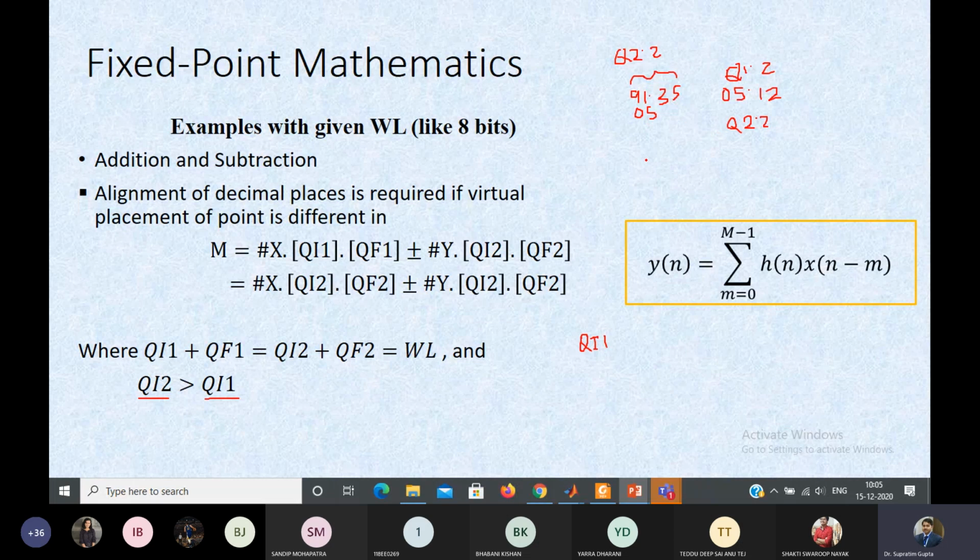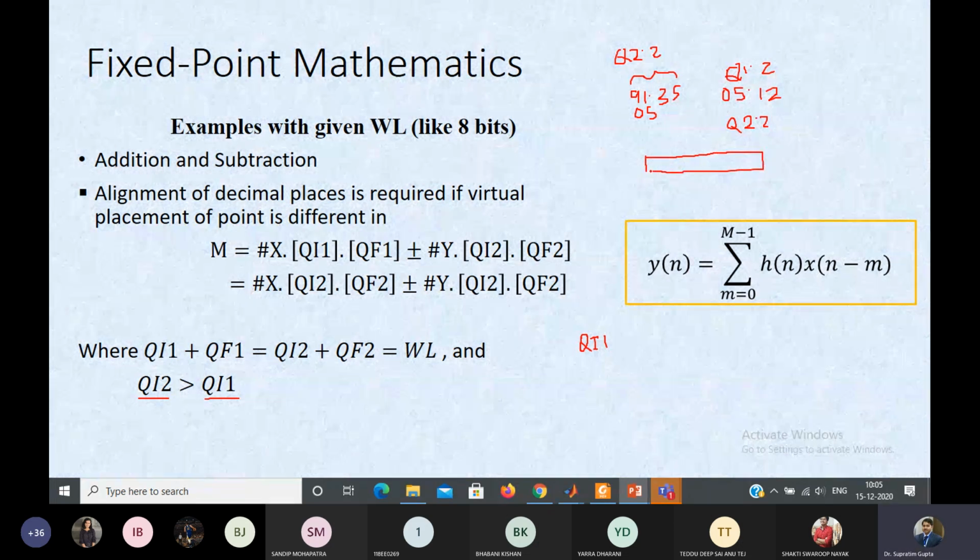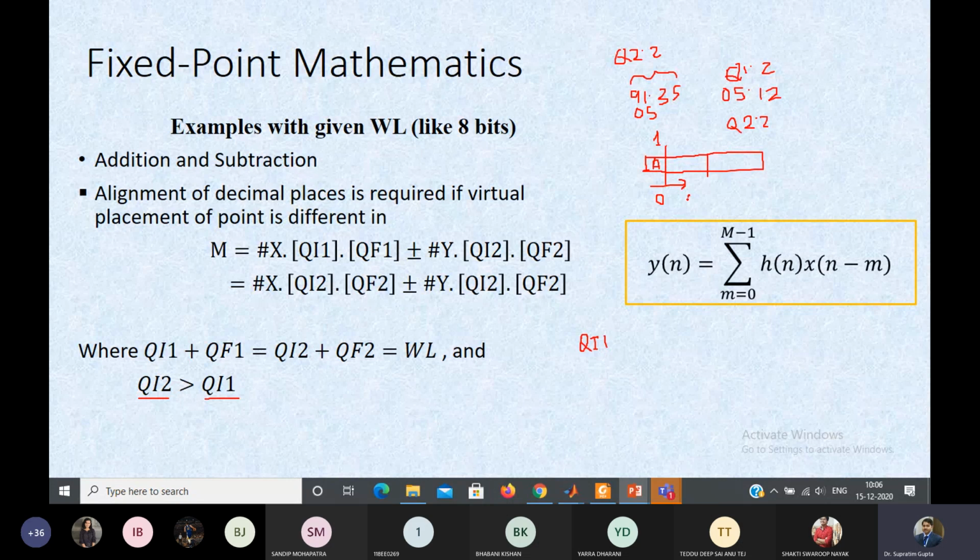Now in case of binary, we have a register and say we have 1.2 format. Now what we'll do is shift this rightwards, and we'll put a 0 here. We put the value, say this is A, put the value here, and the extra digit out of this will be discarded.